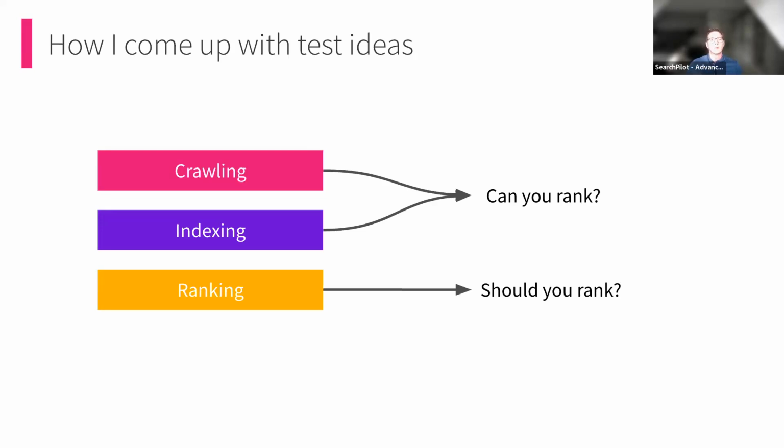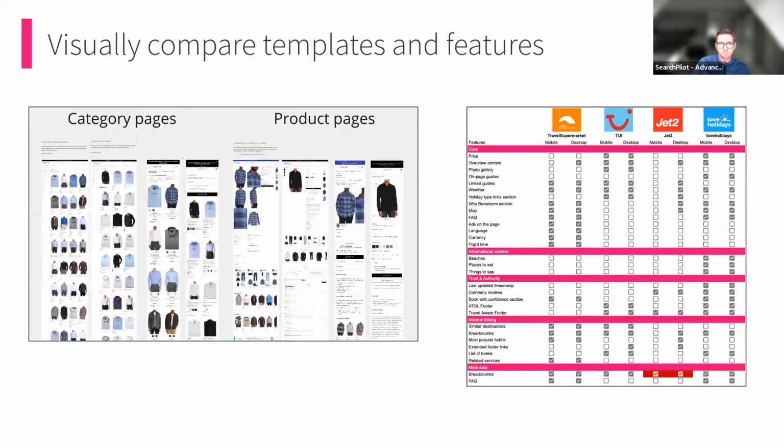So when I think about crawling and indexing, what I'm essentially looking at is: is there any reason why Google can't access this information? Is there any reason why they can't see the content that I'm hoping is going to be good for them? And then on ranking, even if they can find that information, is it good enough that we deserve to rank? So that is a framework that I use.